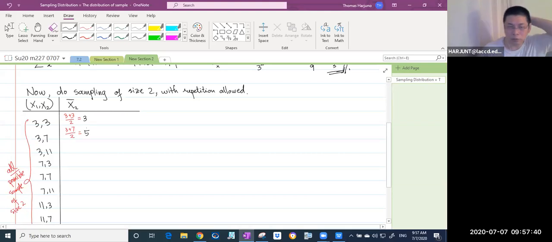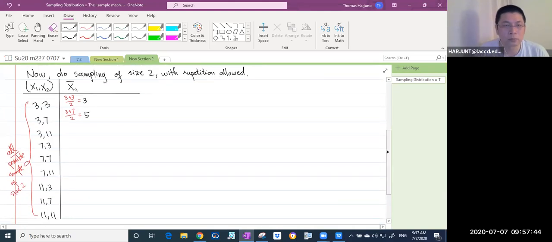Okay, continue with those. So if you go on, this is 14 over 2, that's 7, 10 over 2, that's 5, 14 over 2 is 7, 18 over 2 is 9, 14 over 2 is 7, 18 over 2 is 9, 22 over 2 is 11.